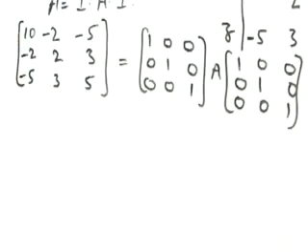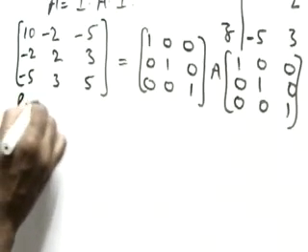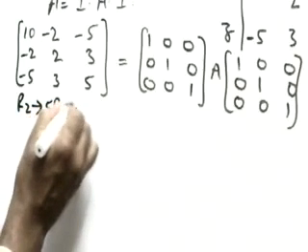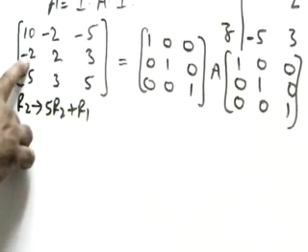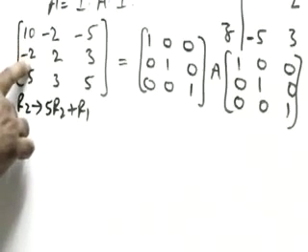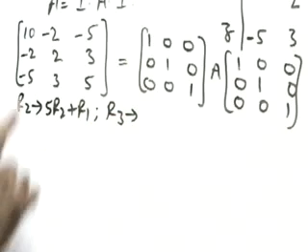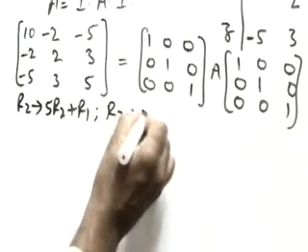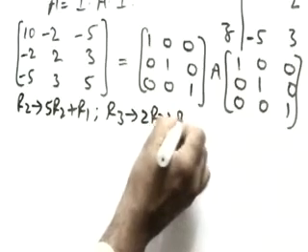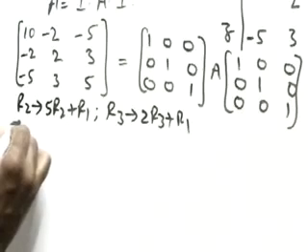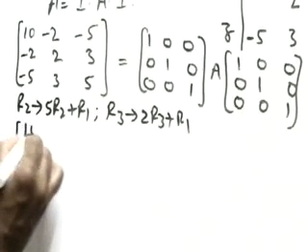Now let us start. In the first step, let us make these two zeros using 10. So for R2, multiply with 5: 5 R2 plus R1. 5 twos are 10, minus 10 plus 10 will be 0. In the same way, for R3, multiply with 2: 2 R3 plus R1. 2 fives are 10, minus 10 plus 10 becomes 0.